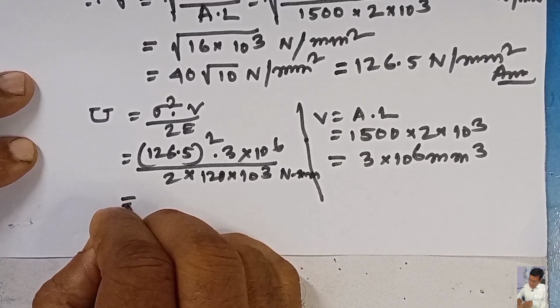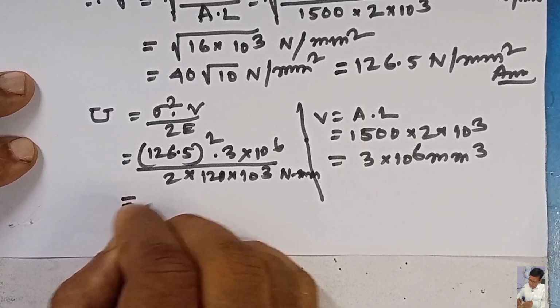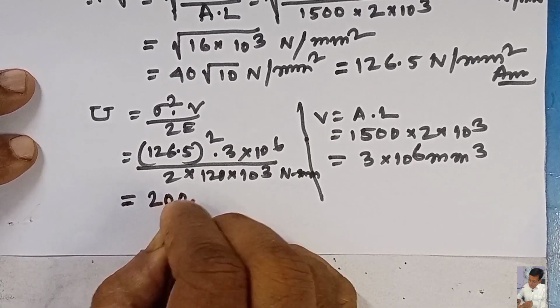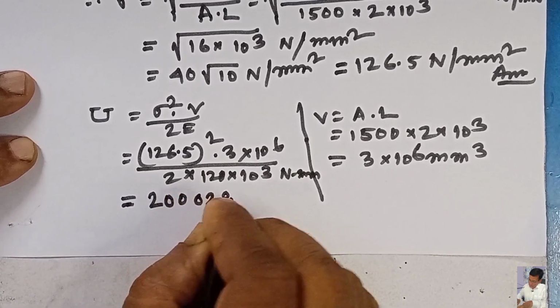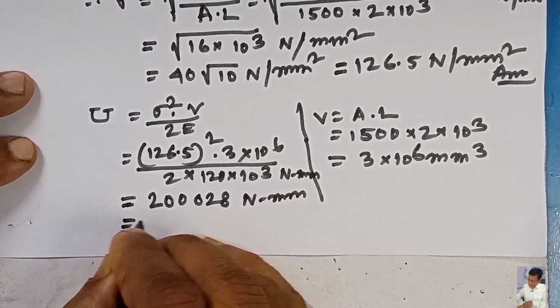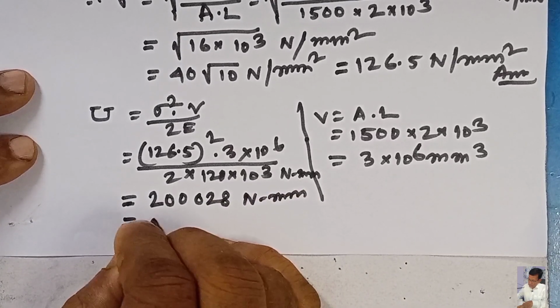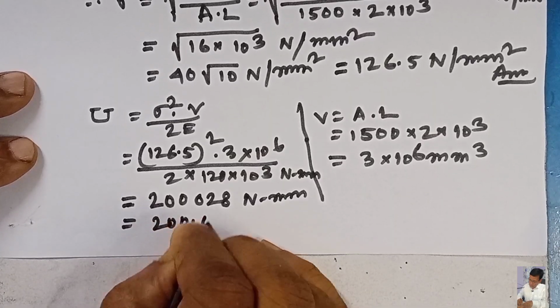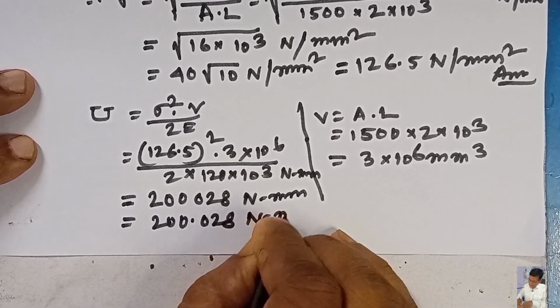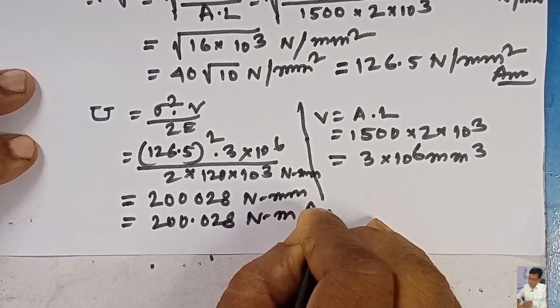After calculating, we will get Newton millimeter is equal to 200.028 Newton meter. This is answer.